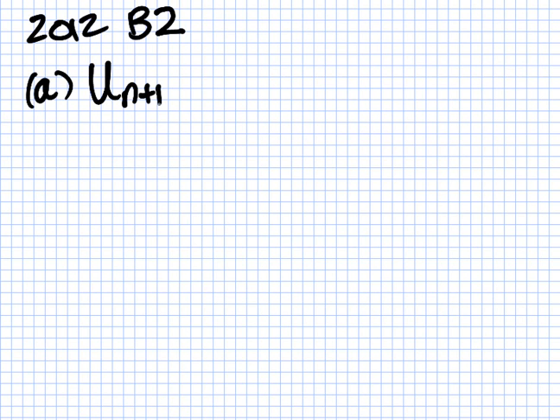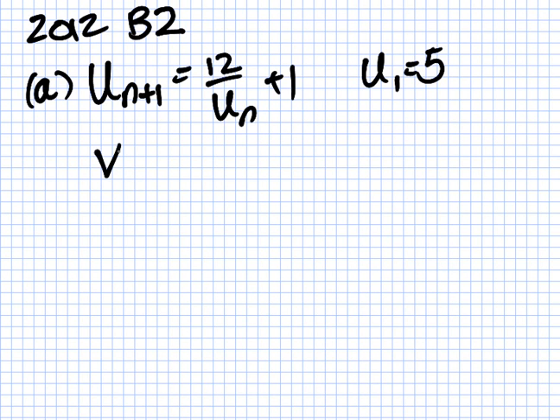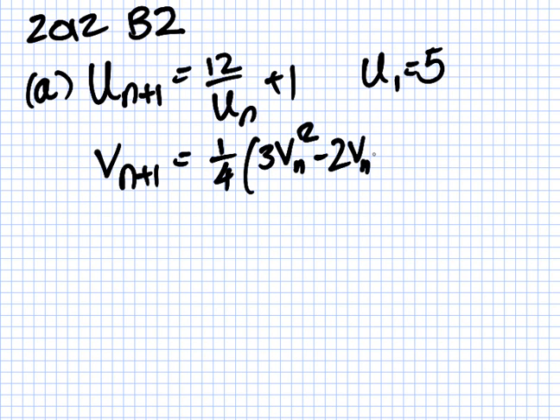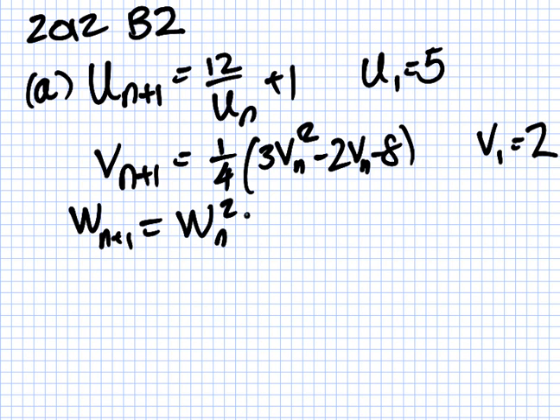u(n+1) equals 12 over u(n) plus 1, u1 equals 5, and we have v(n+1) equals 1/4 (3vn squared minus 2vn minus 8), with v1 equal 2, and then w(n+1) equals wn squared minus 2wn plus 3, with w1 equal to 1.